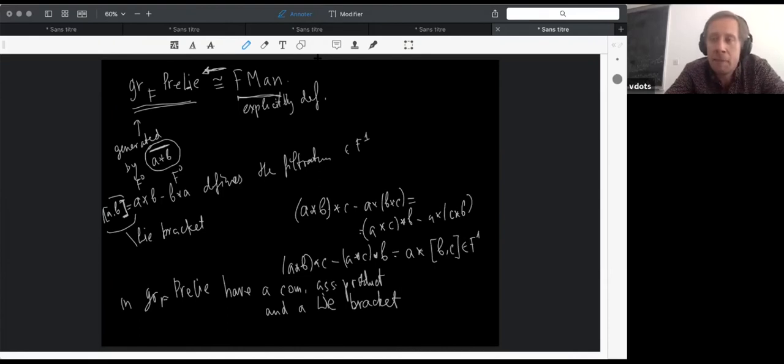And this is the first step where some general operadic methods turned out to be extremely useful.